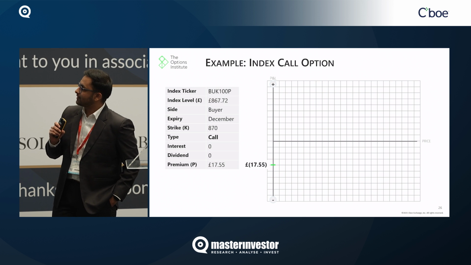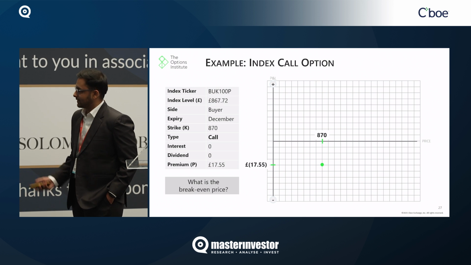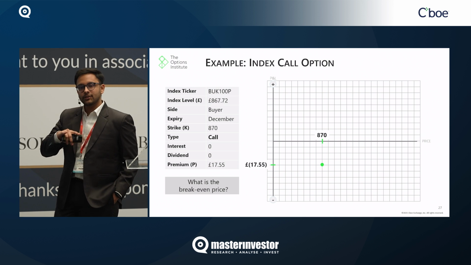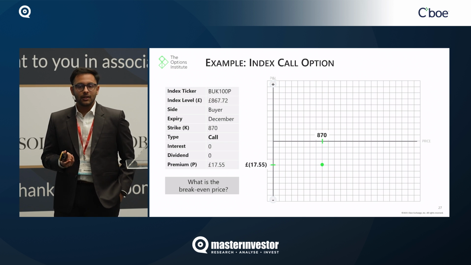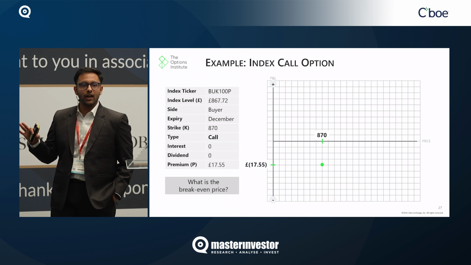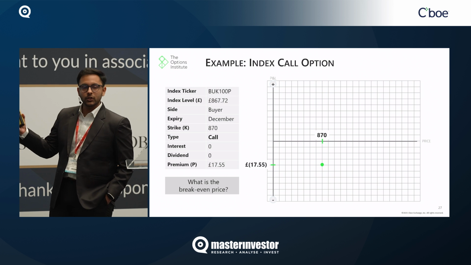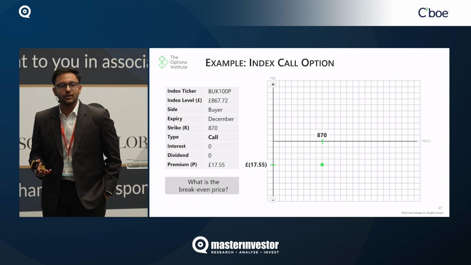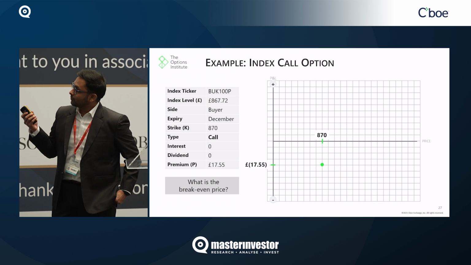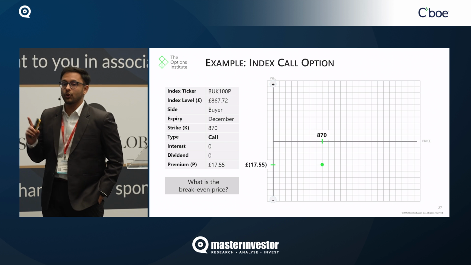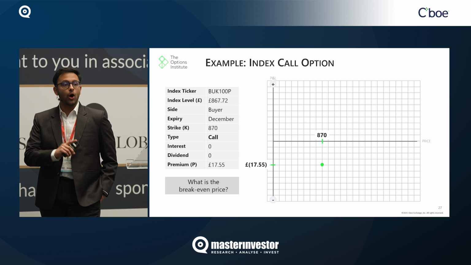So the strike price is 870, we'll mark that on the x-axis. There it is. And these two give us enough information to calculate break-even. So you've paid 17.55, but when does this option essentially start making you money? When do you get the positive P&L impact on your portfolio? Well, since this is a call option and you're the buyer, remember you have long exposure.